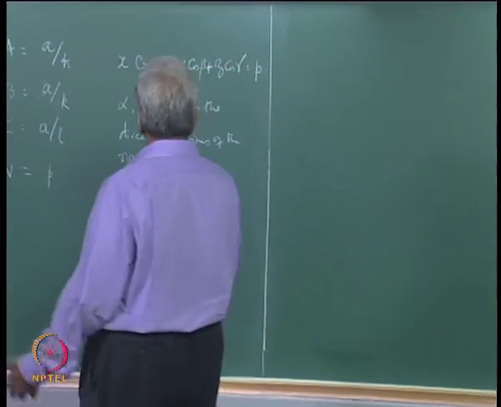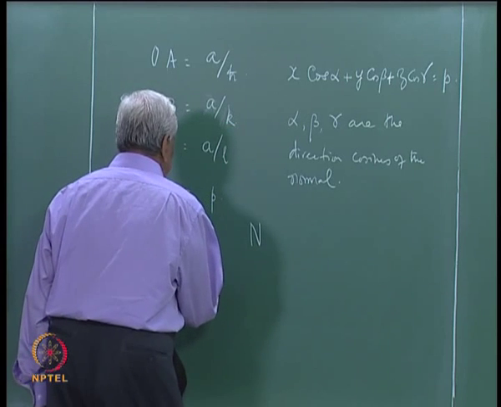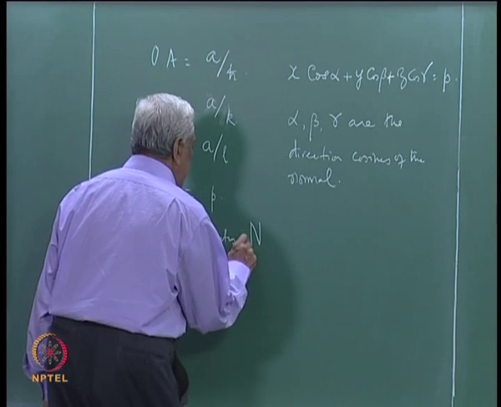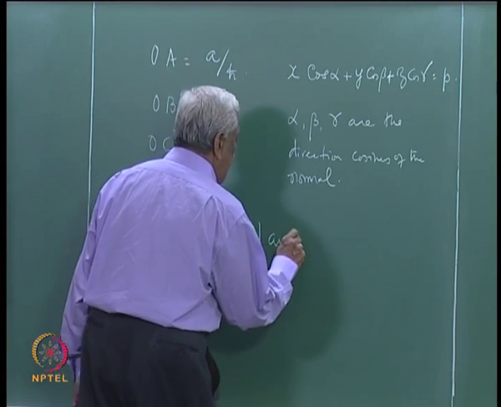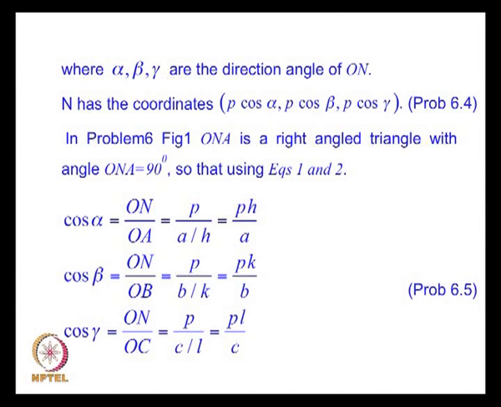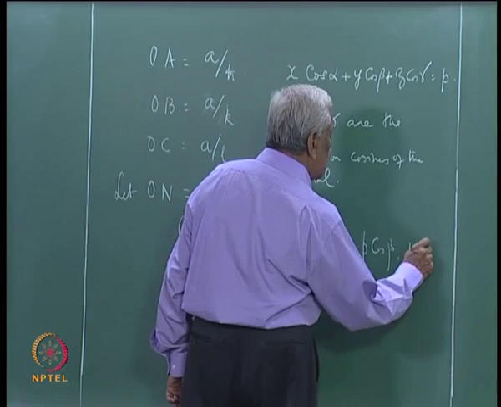Now, therefore, we can write the coordinates of the point N. What are the coordinates of point N? They are p cos alpha, because the length ON is p. So, it is p cos alpha, p cos beta and p cos gamma.